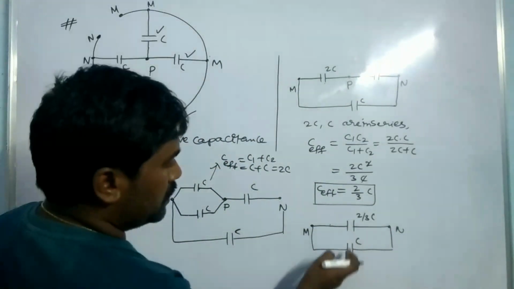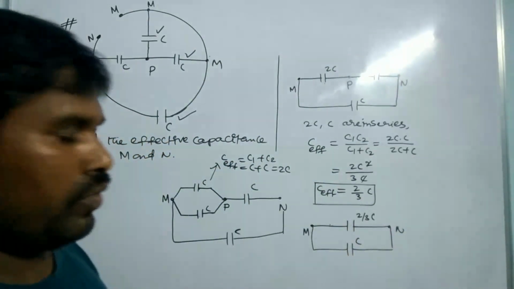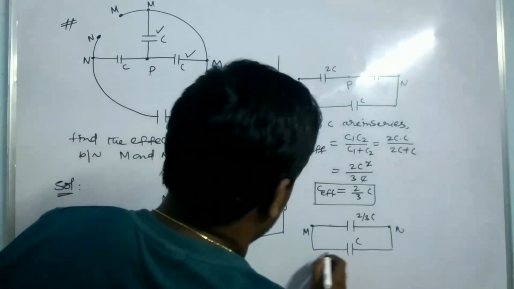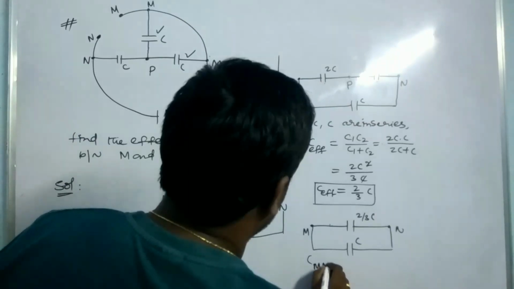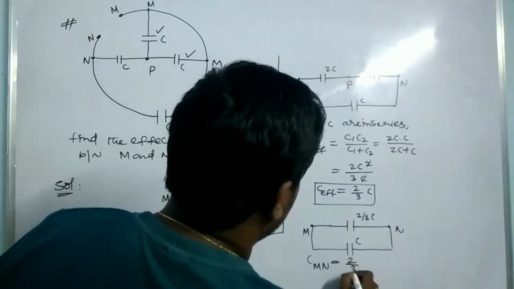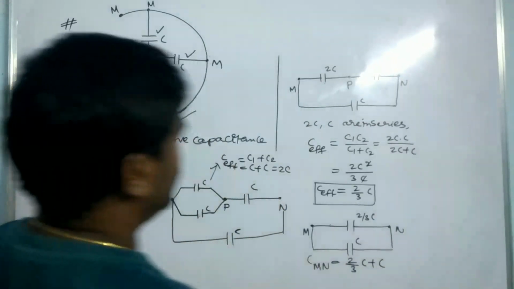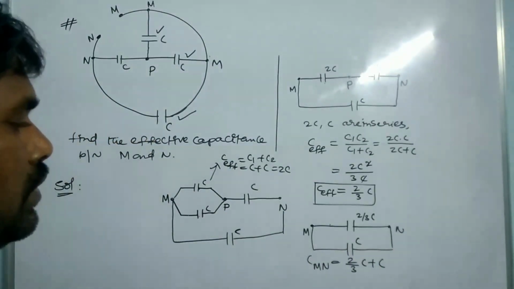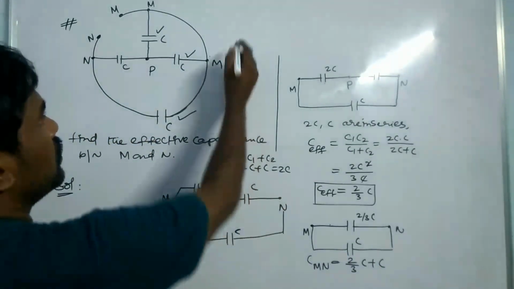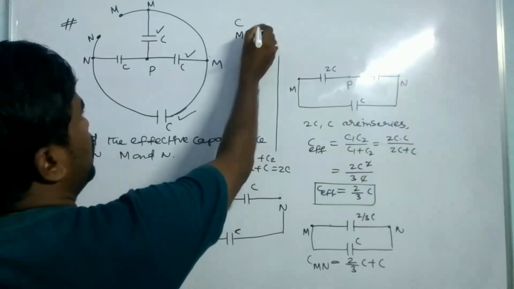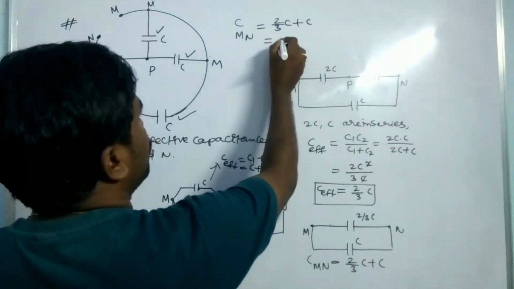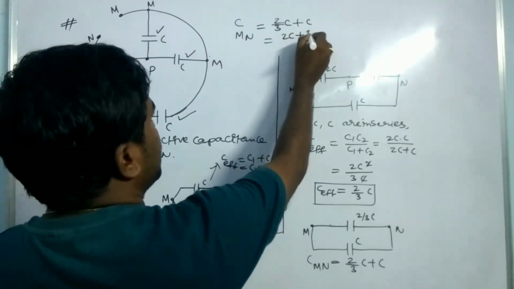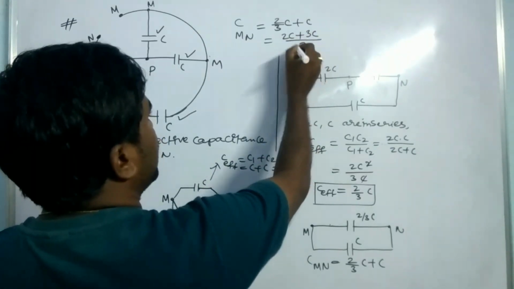Now these two capacitors are in parallel combination. How can we find that? These two are in parallel, therefore C MN is equal to 2 by 3 C plus C. That is equal to 2C plus 3C by 3.